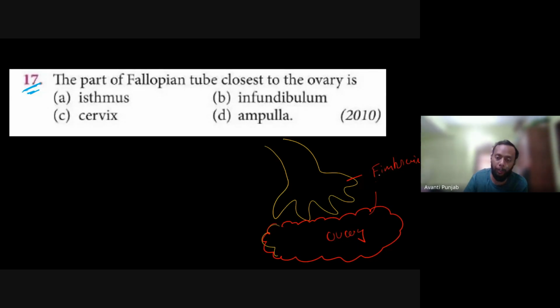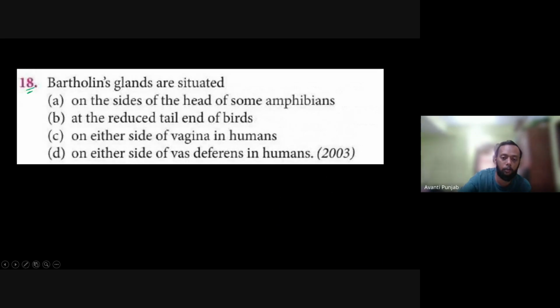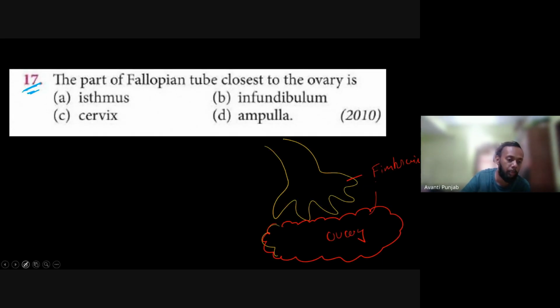Then, if you talk about the fallopian tube, it will have three parts. The first part of the fallopian tube is going to be your infundibulum. Right?